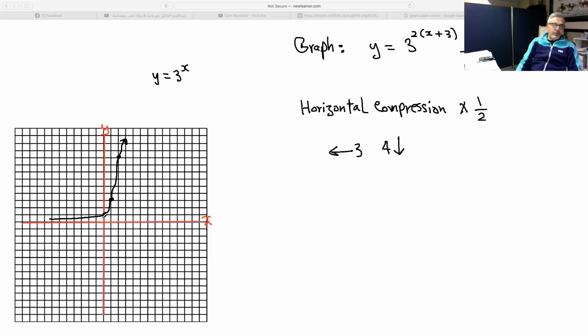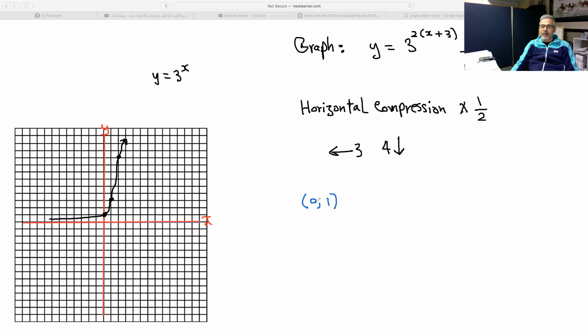So let's go to this point right here. And you know what I'm going to do? I'm going to graph the other graph in different colors. Let's use blue. This point here is 0 and 1. For the horizontal compression, you multiply the x value by 1/2.